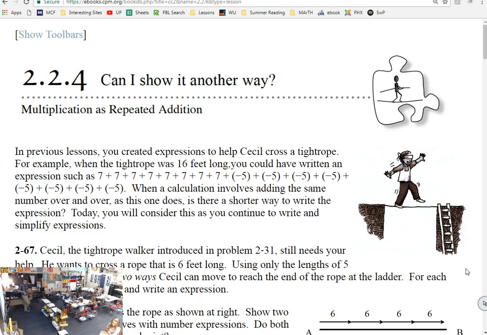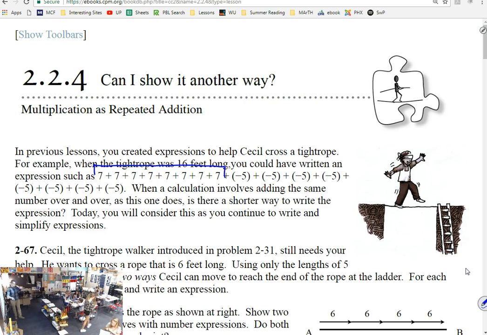How could we say that potentially easier? Because that's kind of annoying. I will tell you that was annoying to say. Alex? 7 times 8. 1, 2, 3, 4, 5, 6, 7, 8.